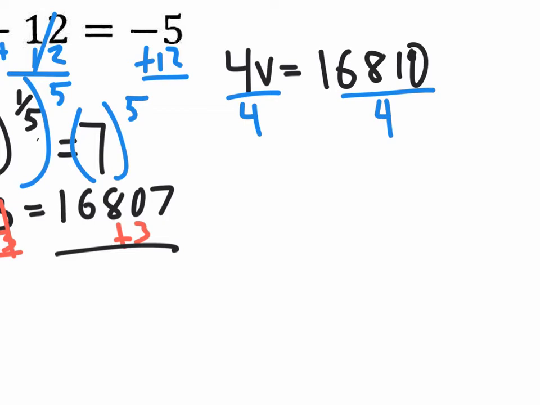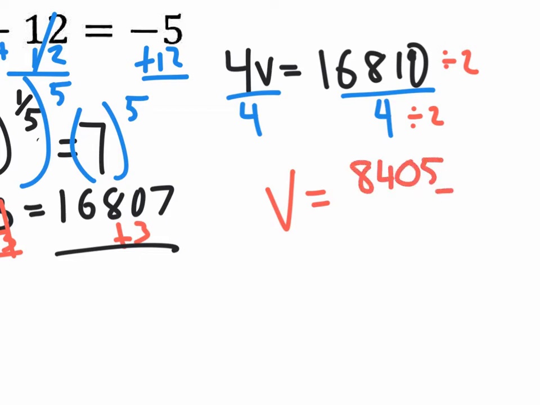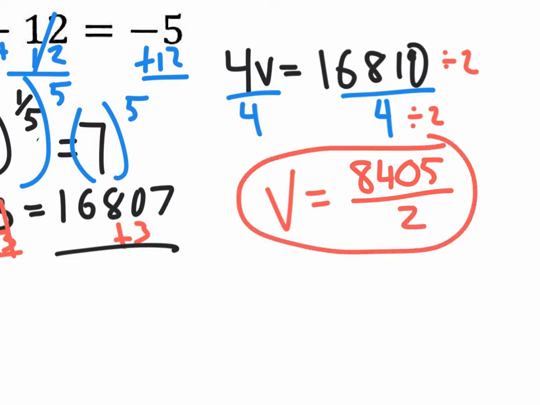So you can't divide by 4, you could reduce, right? So let's reduce both by 2. How's that? Divide top and bottom by 2. And v will equal 8,405 over 2. I believe that's how they're going to leave it on the answer. Question?